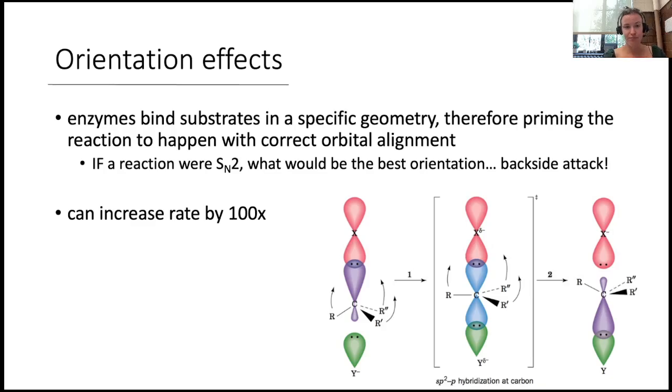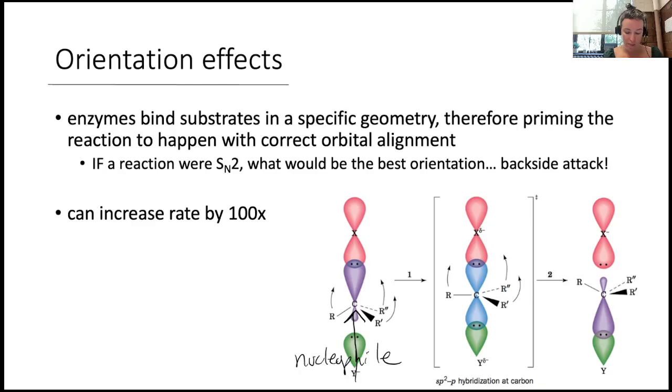As an example, probably one of the simpler examples we can think about is a reaction you learned way back in Organic Chemistry 1, the SN2 reaction. Pictured on the bottom right of the screen is an SN2 reaction. In this reaction, you see our nucleophile performing a nucleophilic attack, and its alignment is with this orbital it's about to bump into.